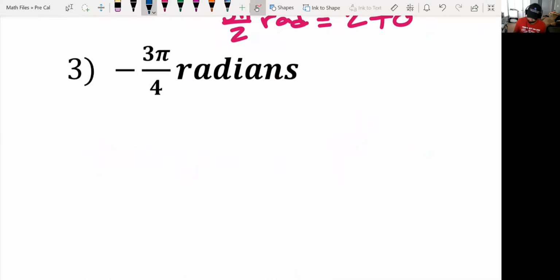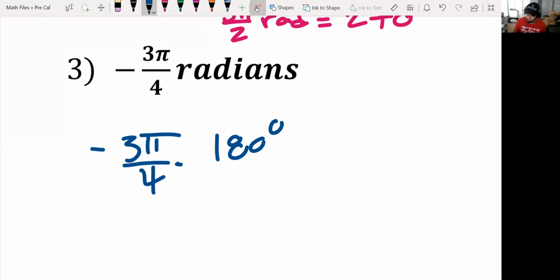All right, last one. Negative 3 pi over 4 times 180 over pi. Pi's cancel, and then 4 goes into 180 what do we have? 45 times.